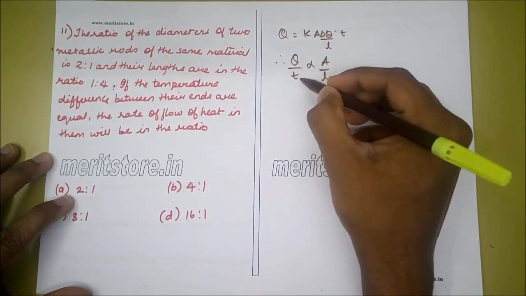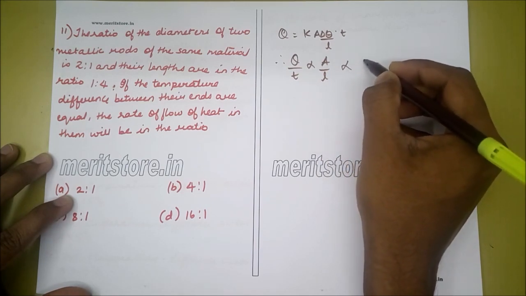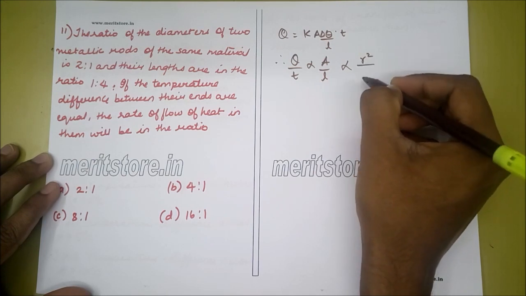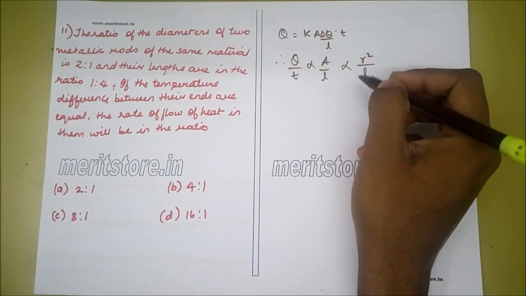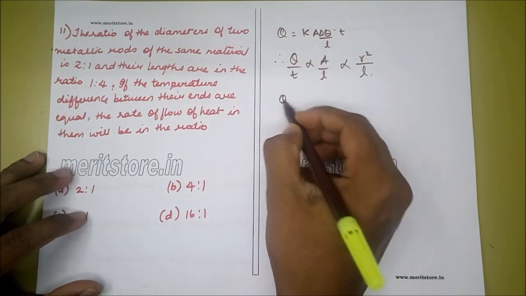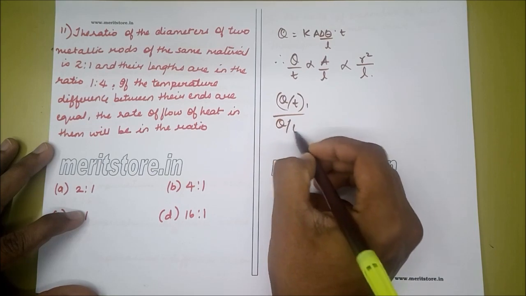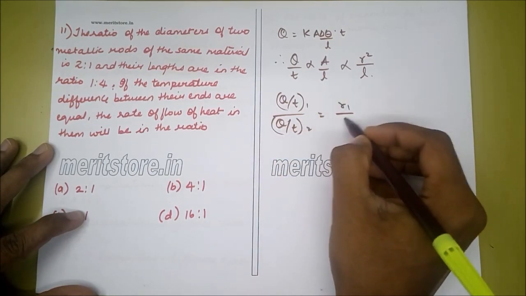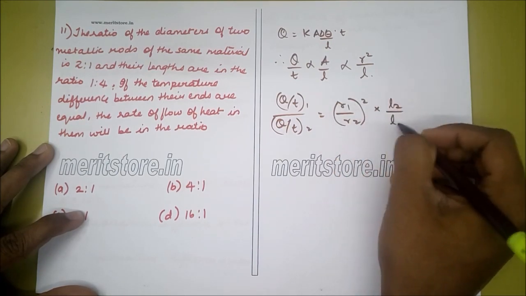A can be considered as pi r square, so Q by T is basically proportional to r square upon L. So Q by T for the first case upon Q by T for the second case would be R1 upon R2 the whole square into L2 upon L1.